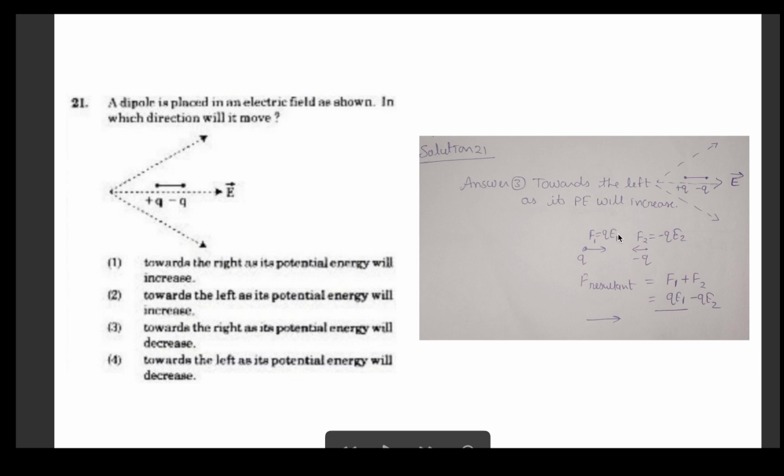Because E1 is more, F1 will be more compared to F2. Due to the electric field, the plus q charge feels a force in the right direction, and for the minus q charge, F equal to QE, the force is in the left direction.